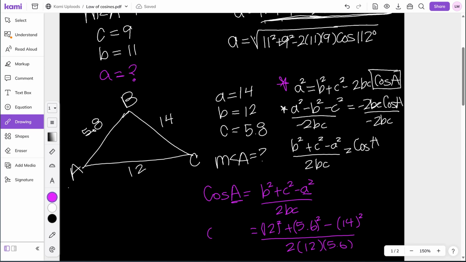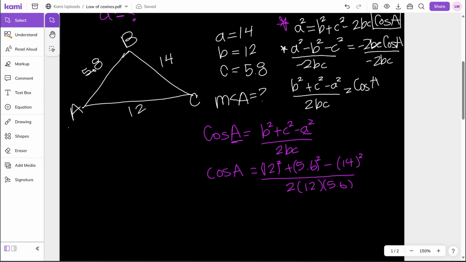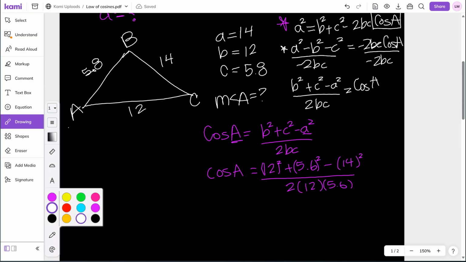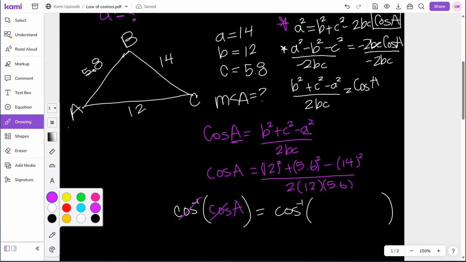And that's equal to cosine A. So remember, when we're looking for an angle, we apply cosine inverse or sine inverse, but in this case cosine inverse to both sides. So I have cosine inverse of cosine A is equal to cosine inverse of that big fraction. Right, at this point, it becomes a calculator activity. These guys are going to go away.